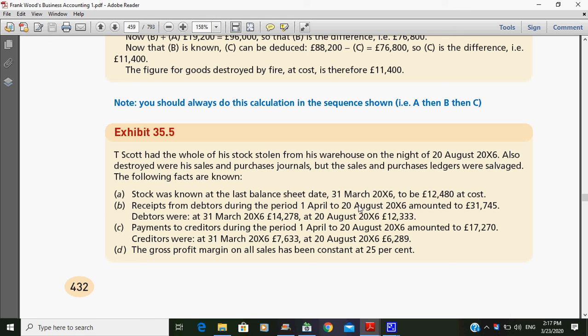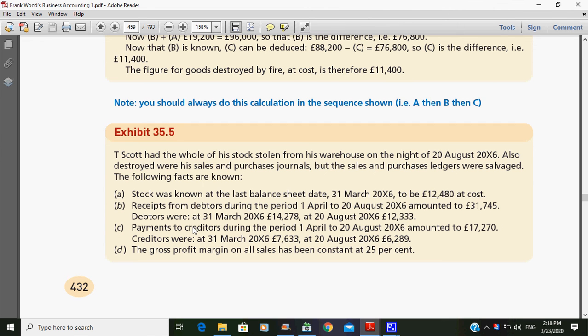Receipts from debtors during the period April 1 to August 22, 2006 amounted to 31,745. Debtors at March 31, 2006 were 14,278, and at August 22, 2006 they were 12,333.